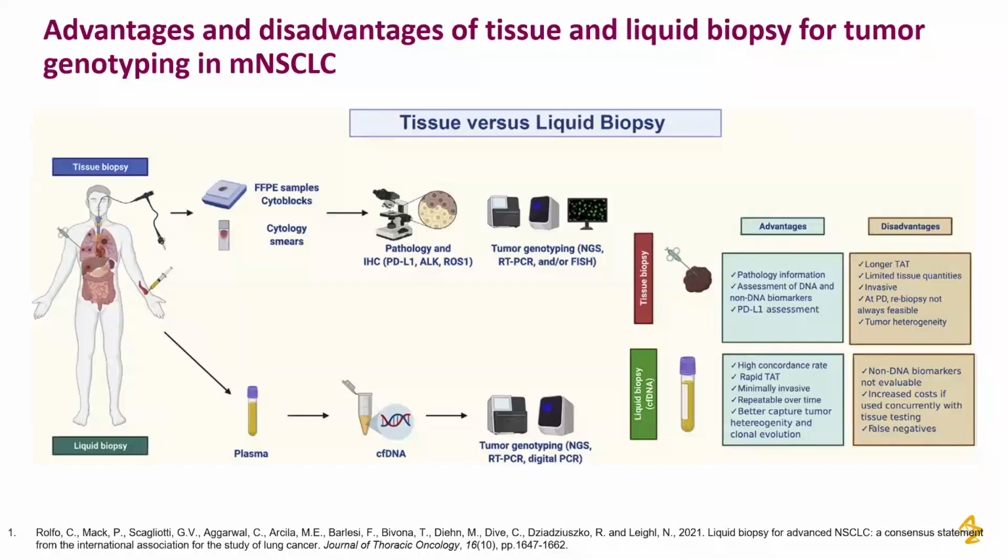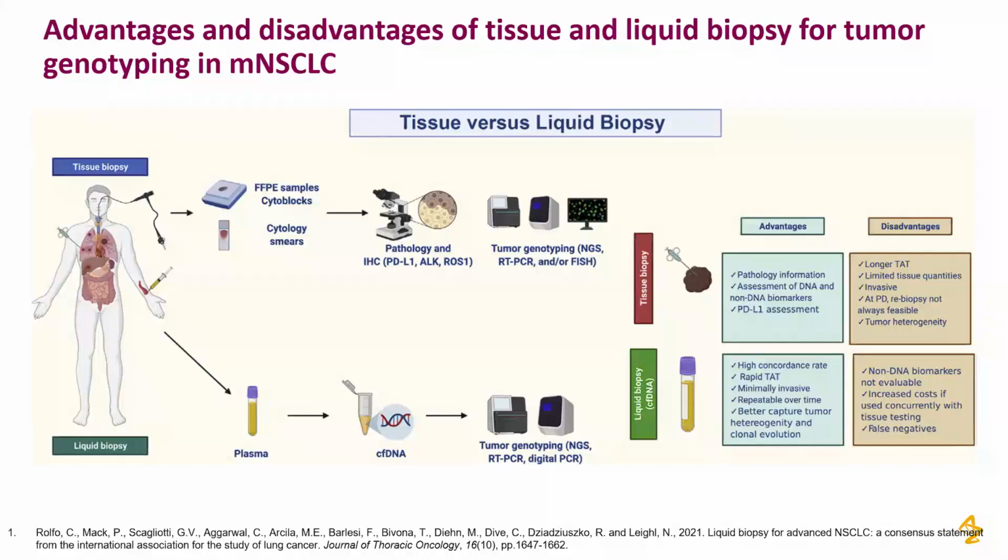Because with circulating tumor DNA in liquid biopsy, we can only see DNA-based genetic alterations, whereas non-DNA based biomarker alterations and PD-L1 assessment can be seen with tissue biopsy, but we cannot do this with liquid biopsy.